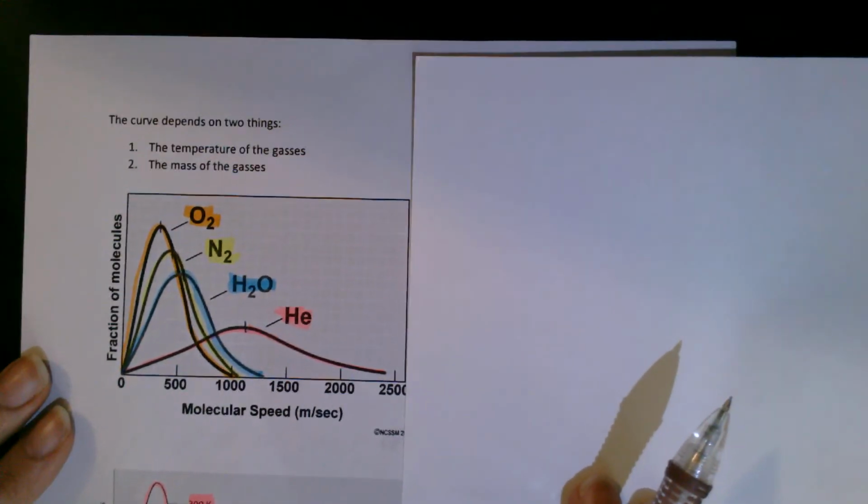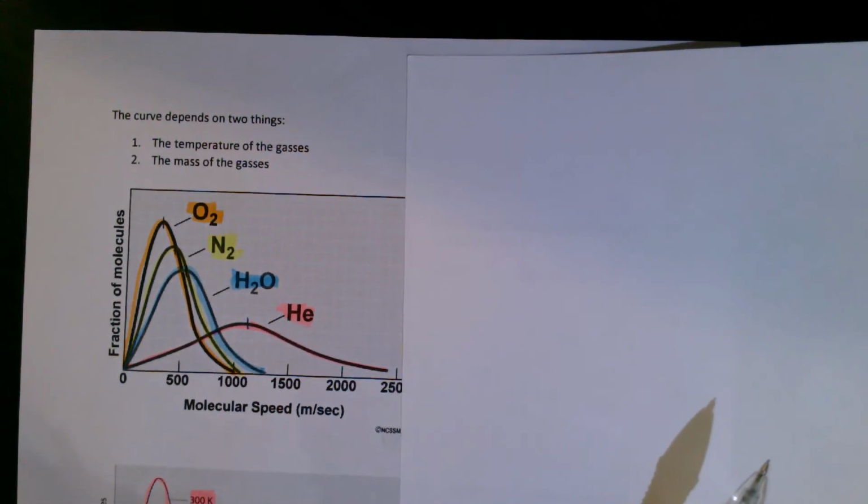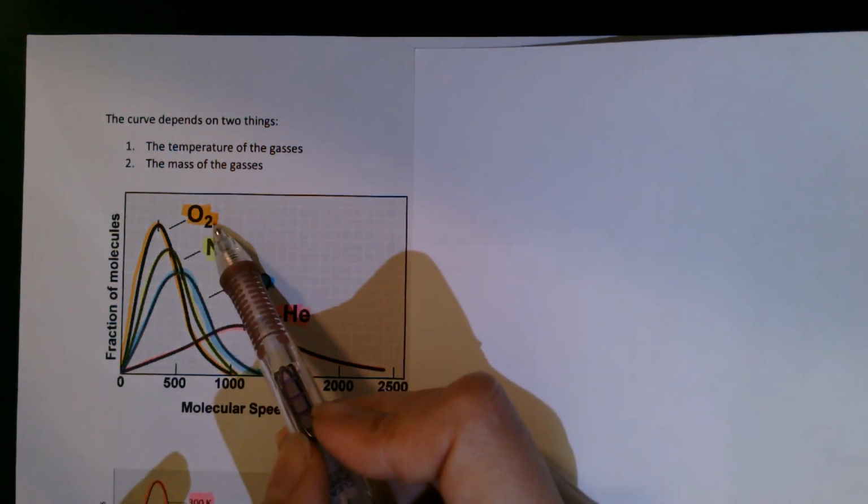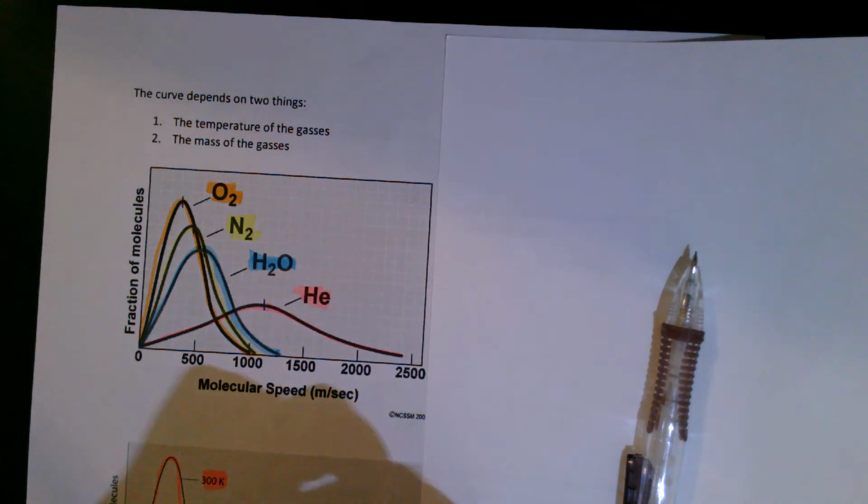Okay, so the first one we're going to look at is mass of gases. We have all 4 of these gases at the same temperature: O2, N2, H2O, and helium. So what does it look like is happening here? Let's take a look at some molar masses.